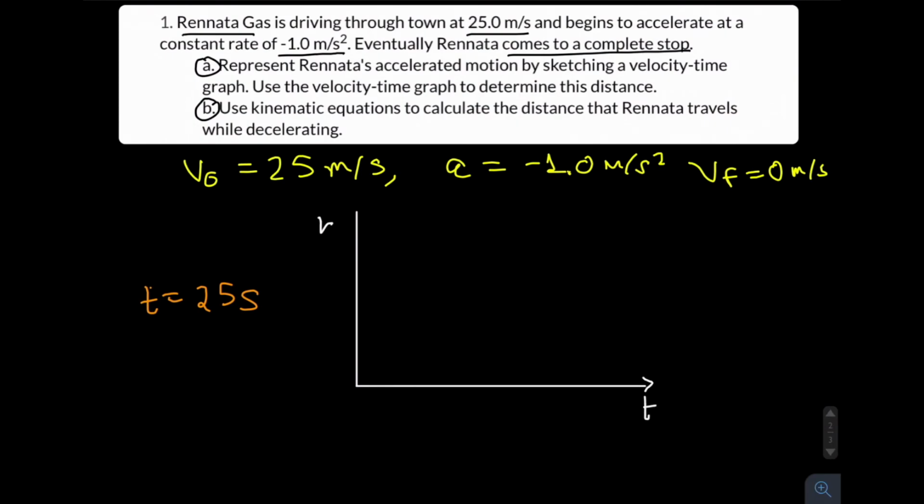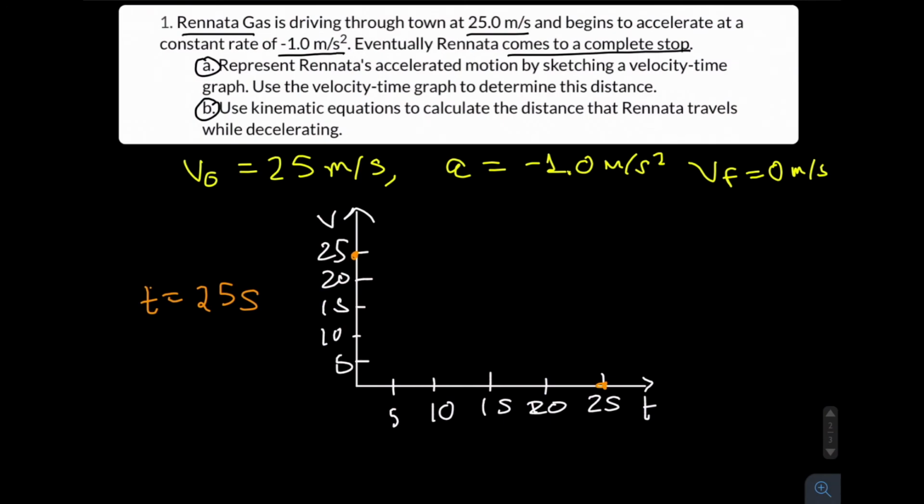I'm just going to label it out by 5s just to keep it simple. So for my time, 20 and 25, and then our initial velocity was 25 meters per second. So 15, 20, and then 25.